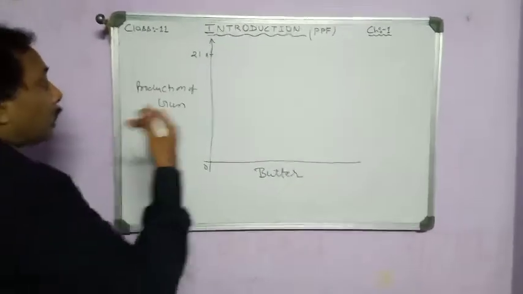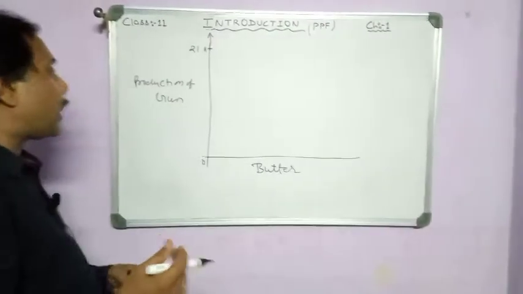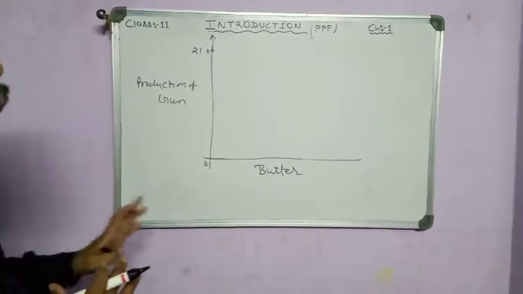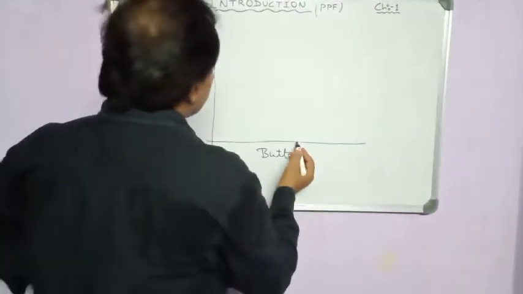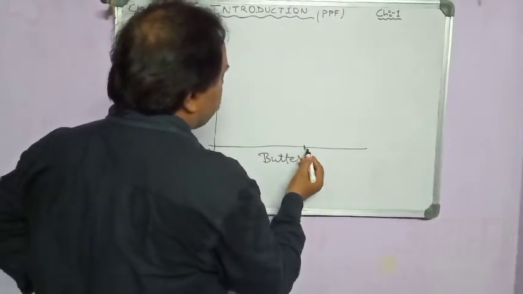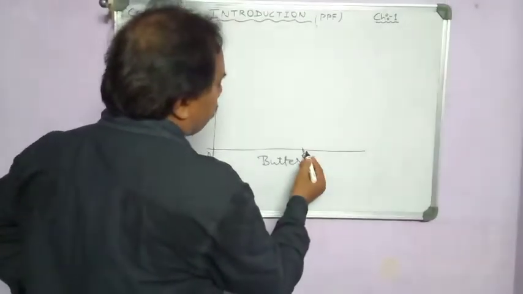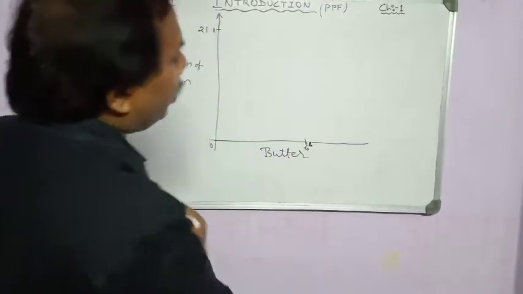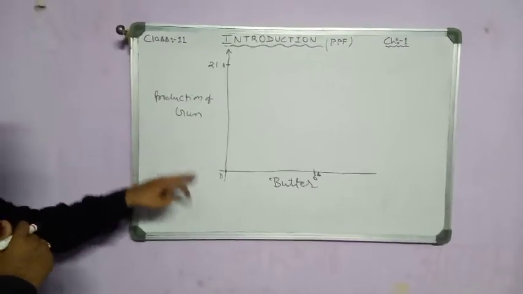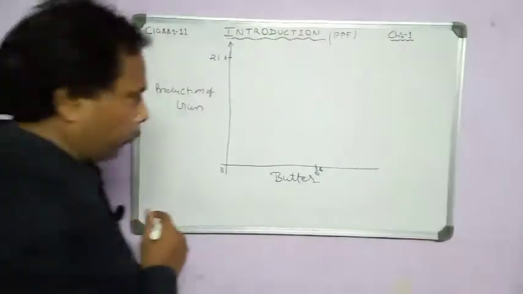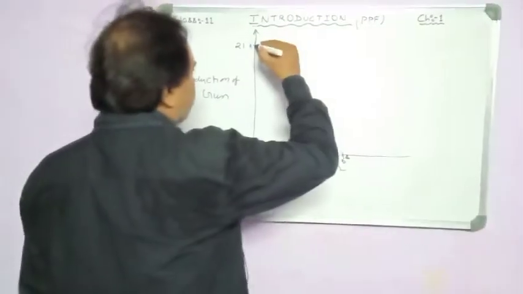On the other hand, if we apply the whole resources in the production of butter, let that be 6 units of butter, denoted by B, in that case the production of gun will be 0. So what it indicates?